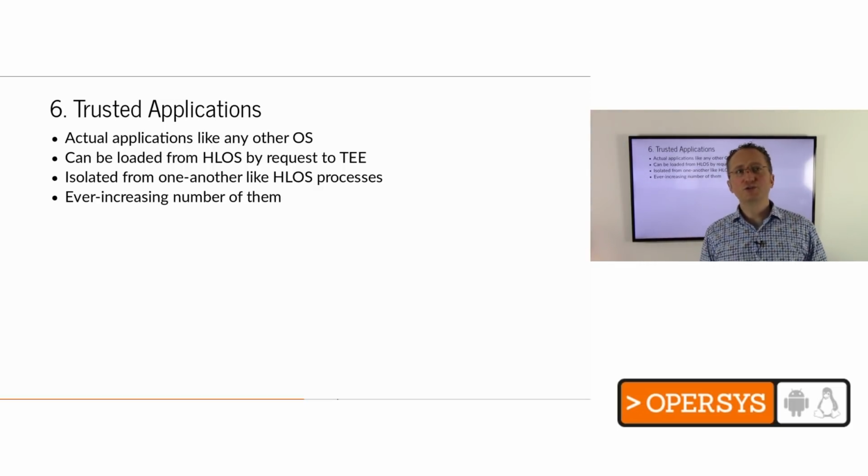The trusted applications. So those are apps, all right? They're like an application you would write, say, a binary that you would have running in Linux, or say an application running in Android. It uses the operating system APIs to actually talk to the operating system that is underneath and do whatever it is that it's trying to do.